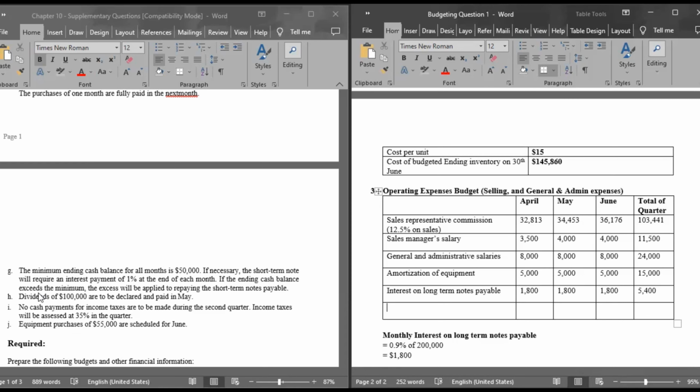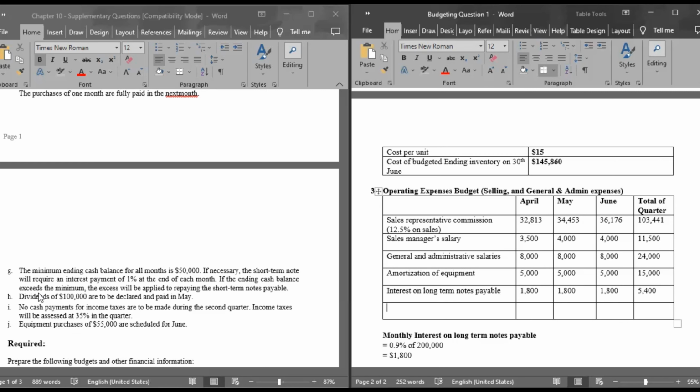The amount we borrow will be charged at a 1% interest rate. I'm reading point G: the minimum ending cash balance for all months is 50,000 if necessary. If necessary means if we are low on balance, then we need to borrow that money. If necessary, the short-term notes will require an interest payment of 1% at the end of each month.